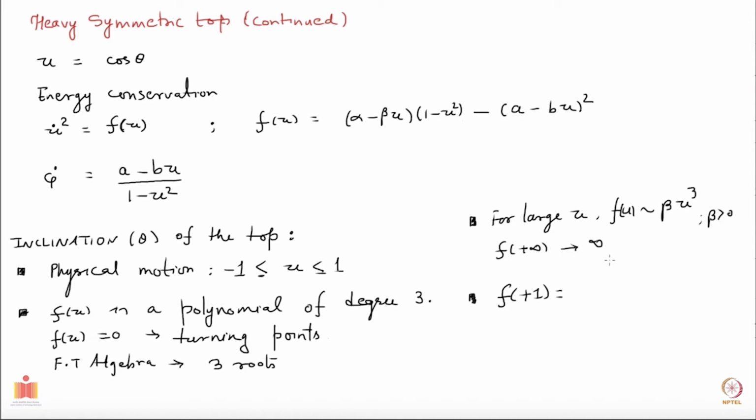It will be minus of a minus b square, which is negative because of this sign, and f of -1 will also be negative because there is a minus sign and a square of two real numbers. So in either case you get a negative value.